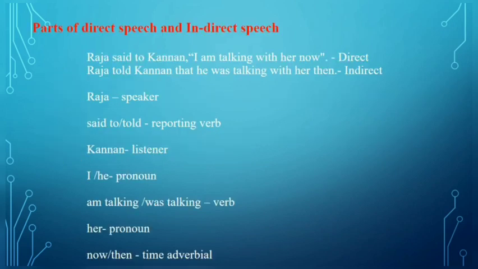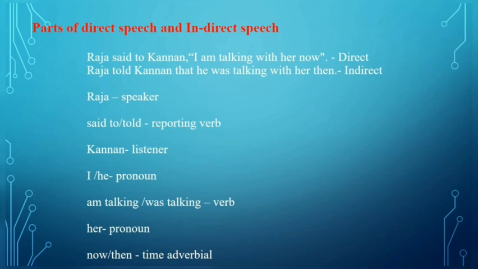Next, before we change direct to indirect speech, we should know the parts of direct speech and indirect speech. Raja said to Kannan, "I am talking with her now." This is direct speech. Raja told Kannan that he was talking with her then. This is indirect speech.